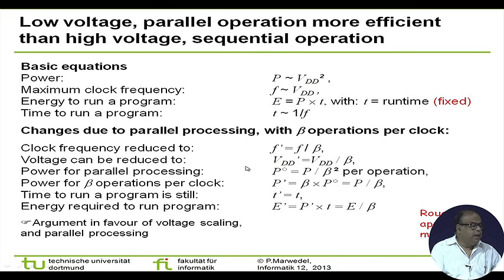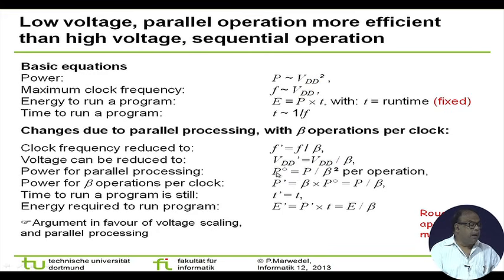Similarly, the voltage is reduced, since it is linearly dependent. Think about the tau equation: tau was k times VDD by (VDD minus V threshold) squared. Therefore, ultimately the frequency is proportional to VDD. So as I reduce the frequency, I can reduce the VDD. I am allowing more delay.